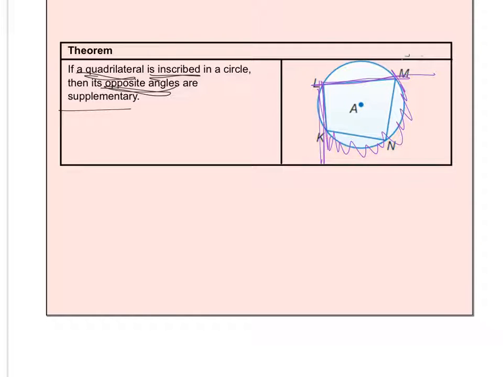So if I flip that around, NK and NM, that intercepts this arc. Well, between the two of them, they encompass the whole circle. A whole circle's got to be 360 degrees. Well, between the two of them, it's also going to be half of that.